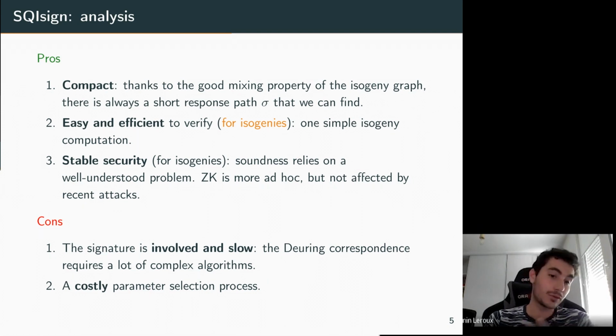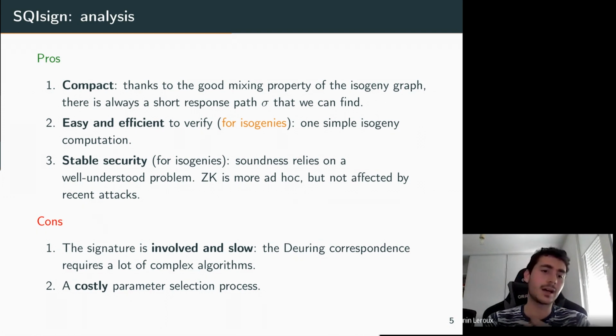In terms of cons, I'd say that the signing process is very complicated and also quite slow, much slower than the verification. It's because it relies on those complicated algorithms based on the Deuring correspondence, and this implies a lot of different things, quaternion stuff, elliptic curve stuff, and putting all of this together is quite complicated and painful, and this is why the signature is so slow.